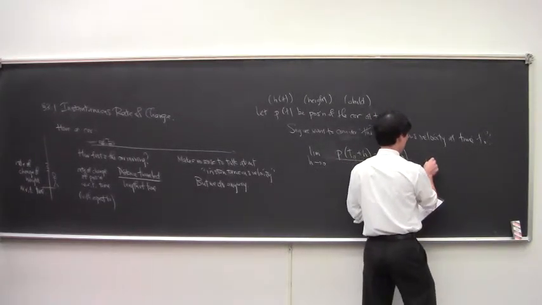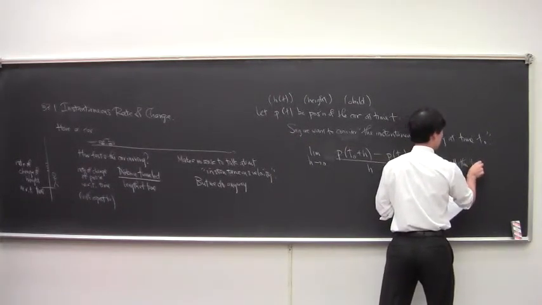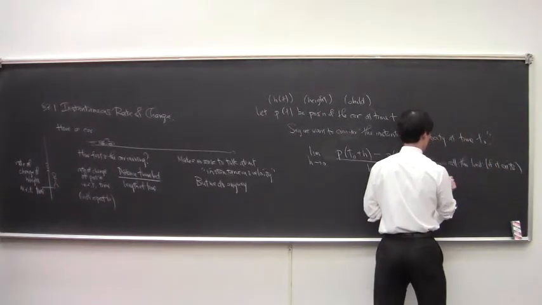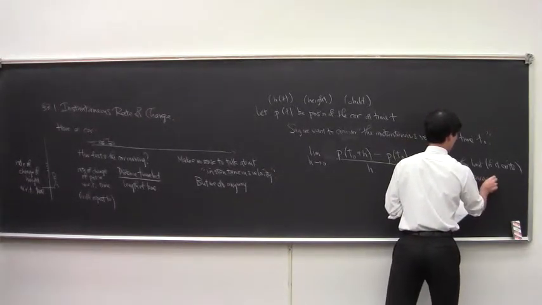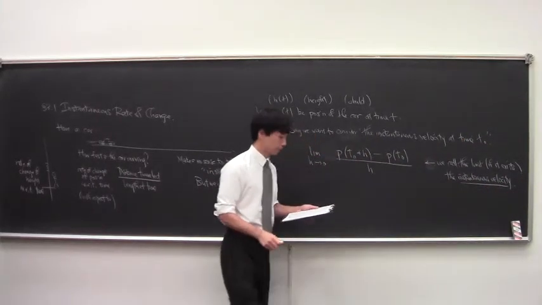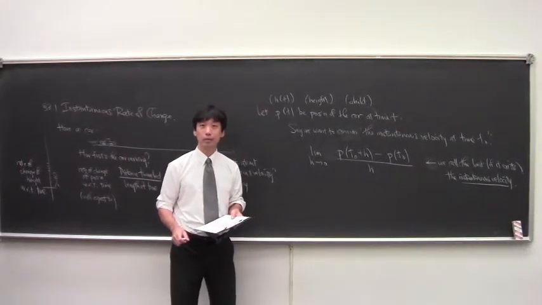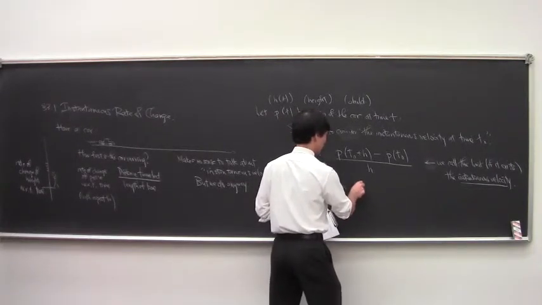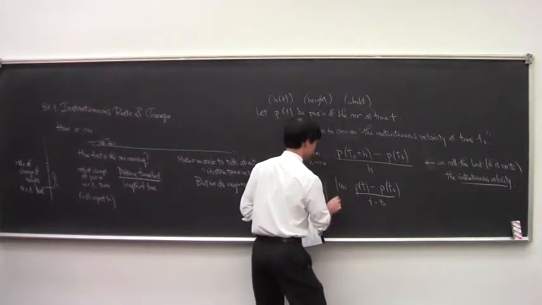So we call this limit, if it exists, the instantaneous velocity. Sometimes people write it like this: the limit of p of t minus p of t naught over t minus t naught as t goes to t naught.